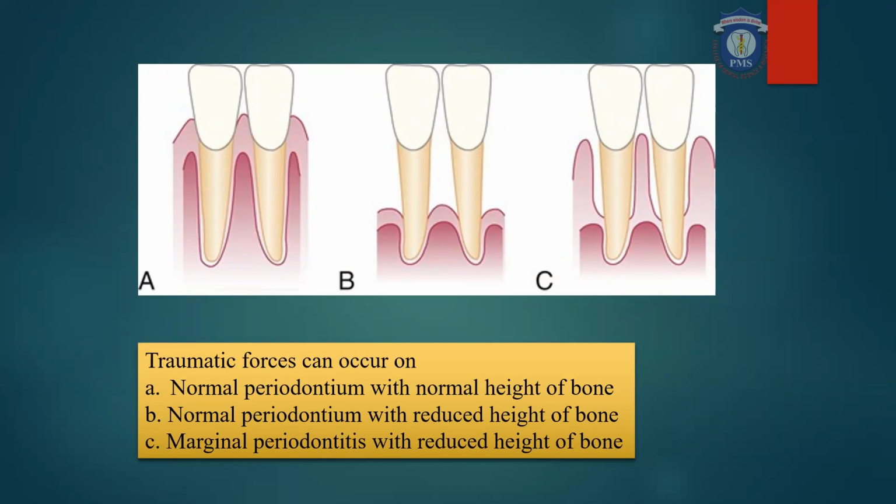Whereas the second and third diagrams, B and C, show normal periodontium with reduced height of bone and marginal periodontitis with reduced height of bone. These two conditions represent secondary trauma from occlusion. In this case, there is bone loss or periodontal destruction that causes impairment of the adaptive capacity of the tissue to withstand the occlusal forces. So that is secondary trauma from occlusion.